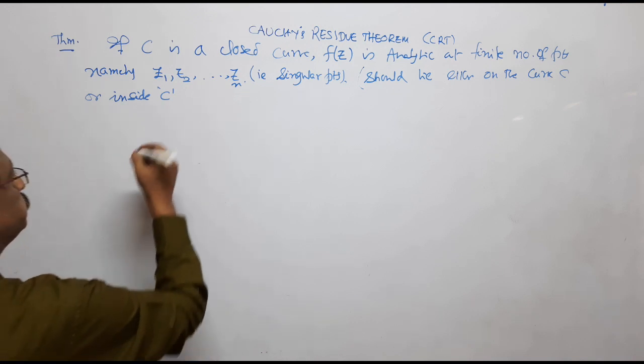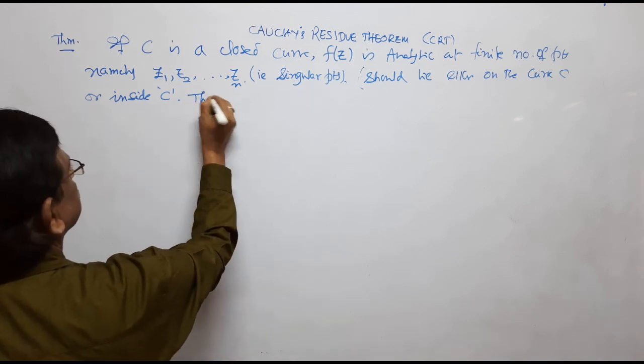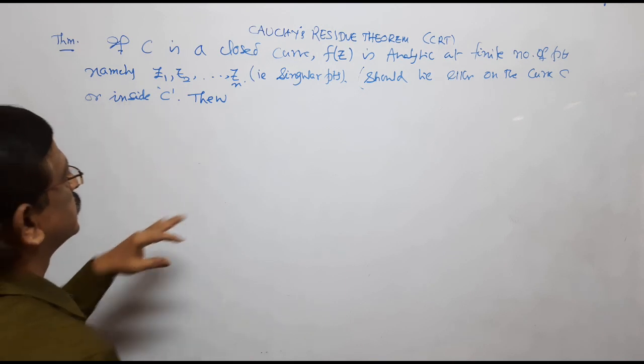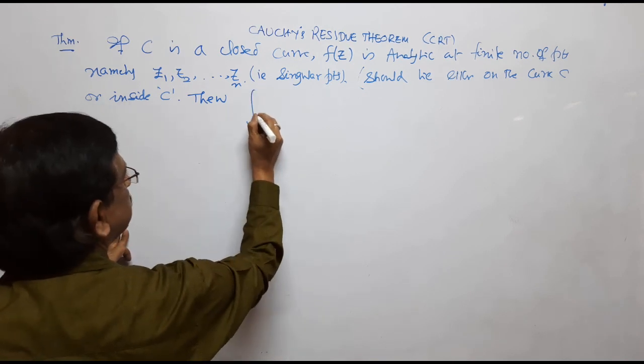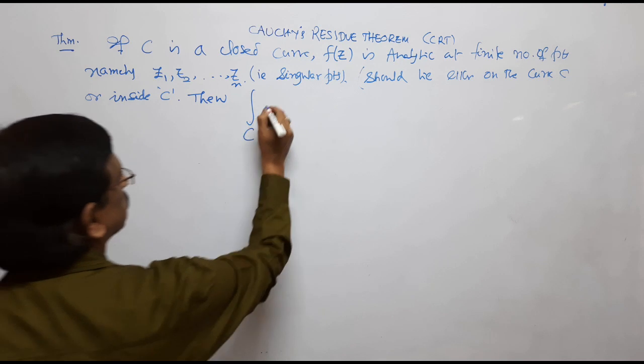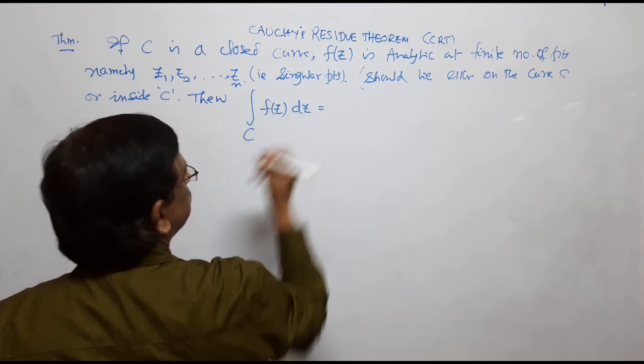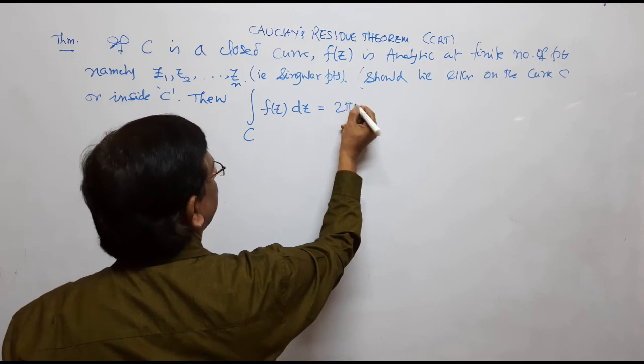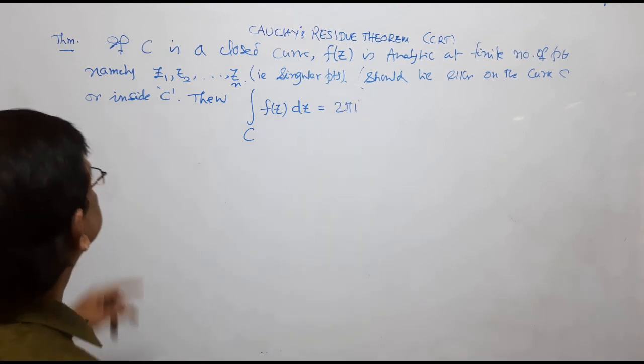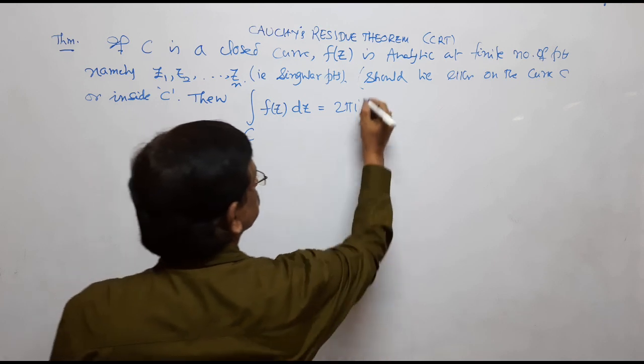And now, after this hypothesis, the integral over C, the closed curve, of f(z) dz is equal to 2 pi i times the residues at z1, z2, zn.